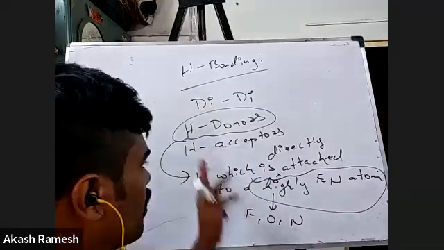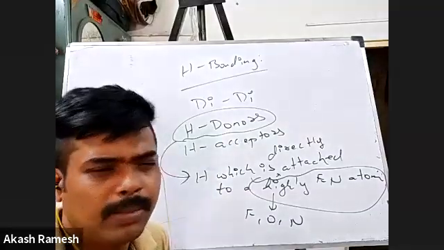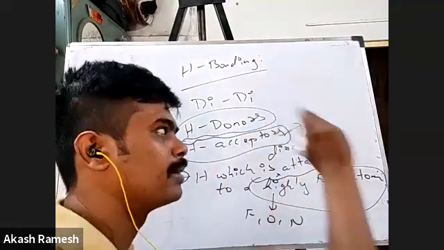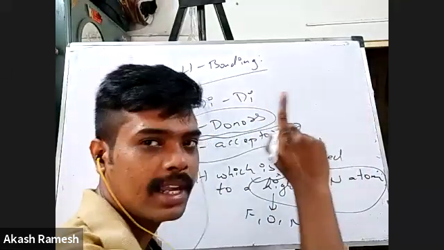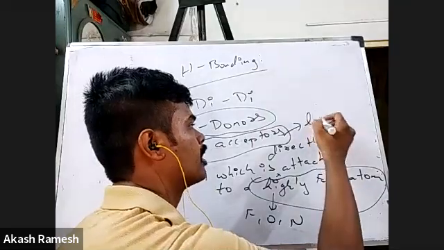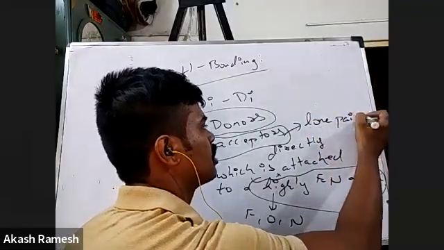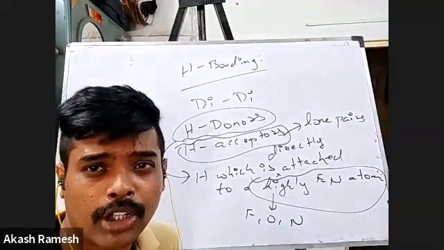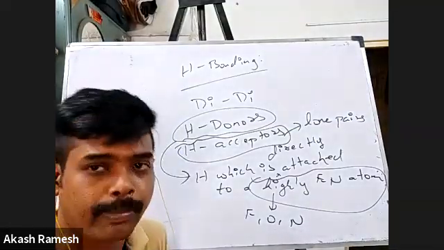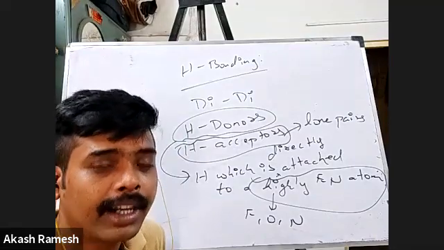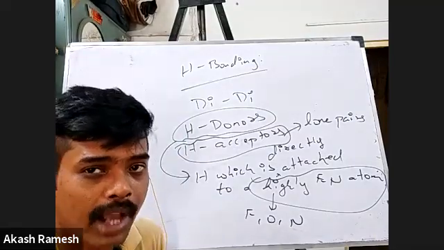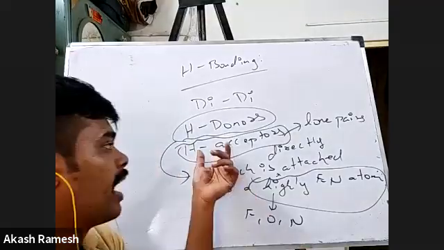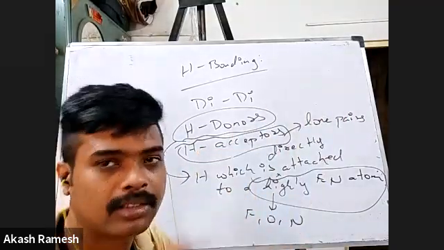Okay, fine. Coming to hydrogen acceptors, it's very simple. The only condition is that these kind of molecules should possess lone pairs. As simple as that. So hydrogen donors should have hydrogen atoms attached to any of these three atoms, fluorine, oxygen, nitrogen, and a hydrogen acceptor should have some lone pairs.